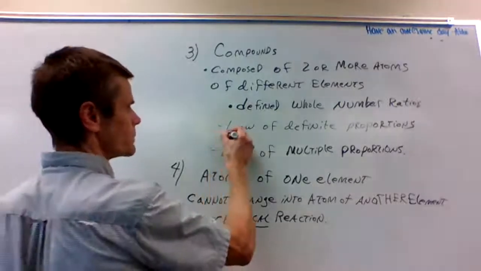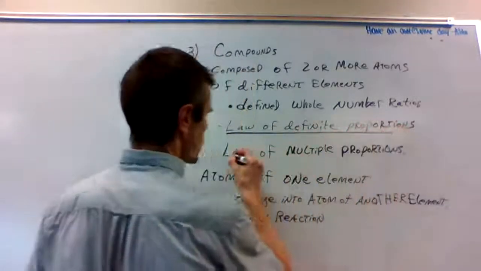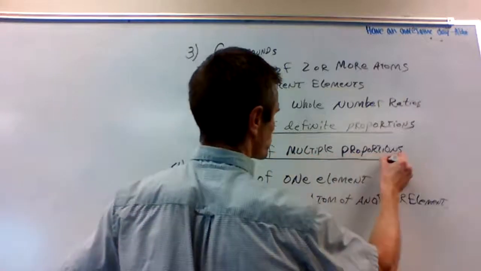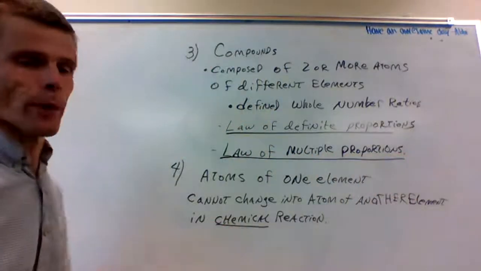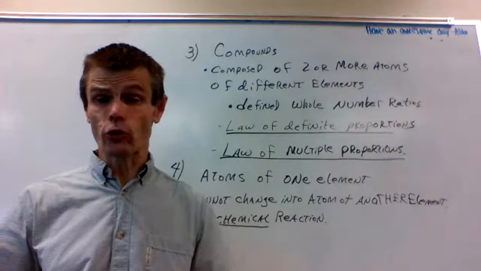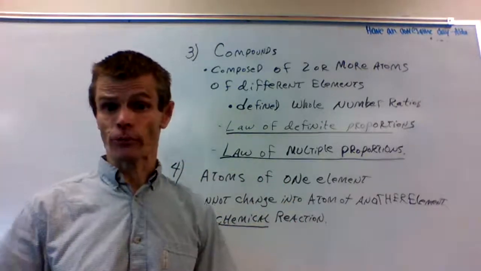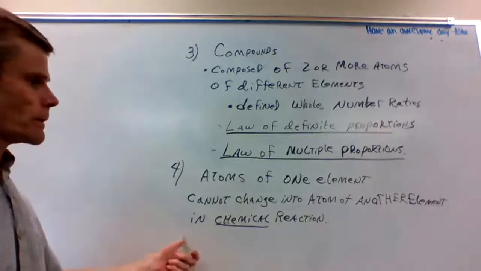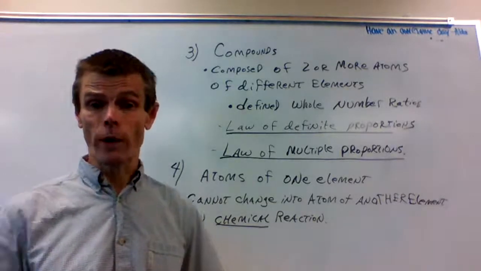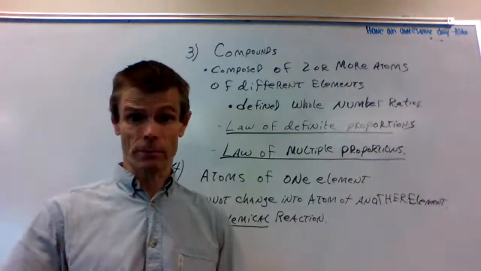The law of definite proportions and the law of multiple proportions. Let's show examples of these so we understand more about those two laws and how they're related to how compounds are formed. And we'll leave the balancing of chemical equations to a little bit later in this semester.